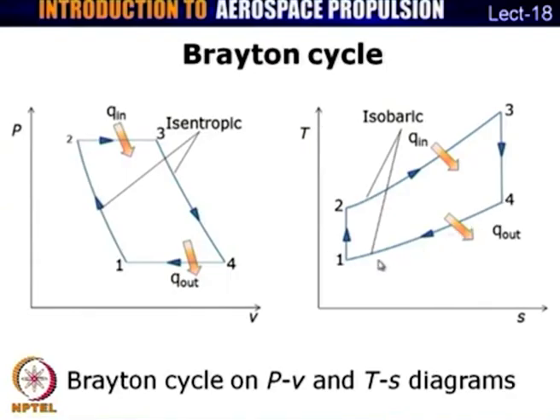Process 4-1 is a constant pressure heat rejection. So, these are the 4 different processes which constitute a Brayton cycle. There are 2 isentropic processes, the compression and expansion, and we also have 2 constant pressure processes during which heat addition and heat rejection take place.